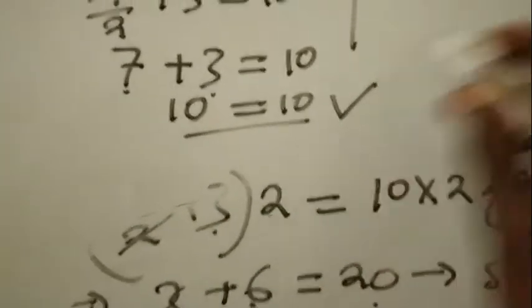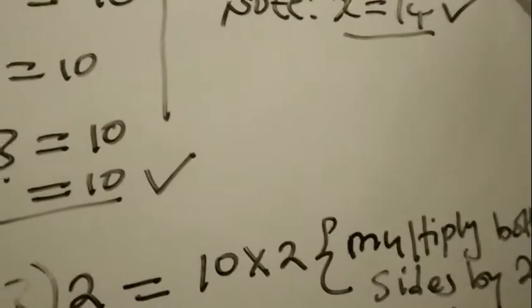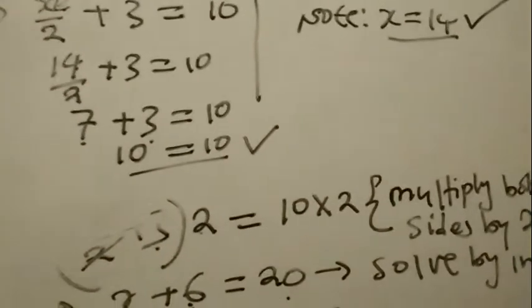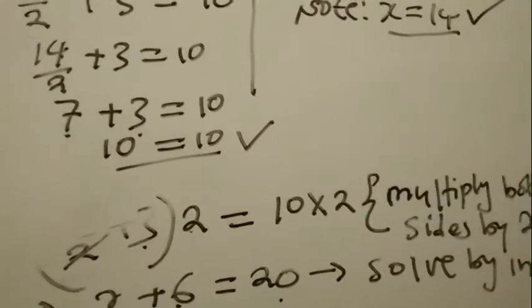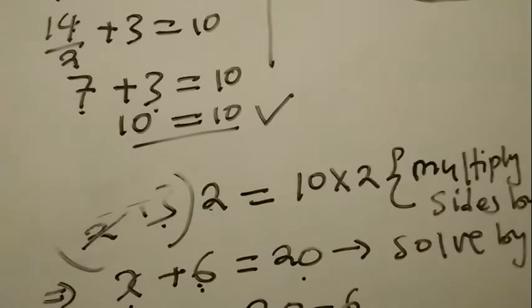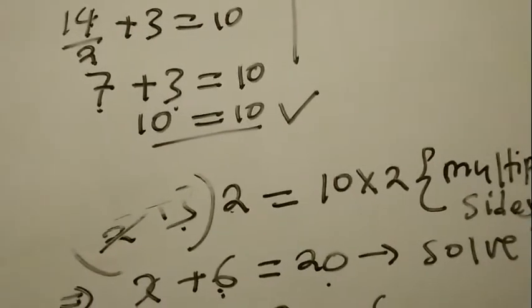Okay, so our answer is also valid. We have just verified that the value of x equals 14 is correct by putting the value of x back into the original equation, or if you like, the original given equation.